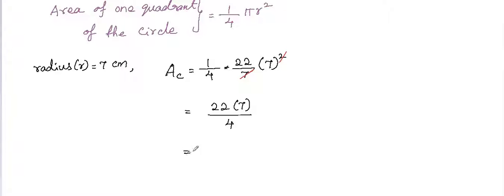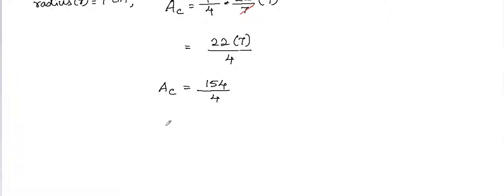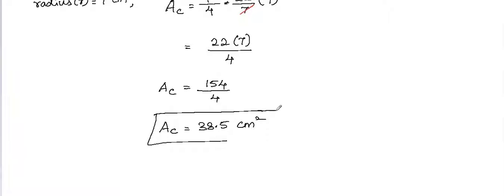If we simplify this, we will get the area of the circle in one quadrant, which is 154 divided by 4, which is 38.5 centimeters square. So the area of one quadrant of the circle is 38.5 centimeters square.